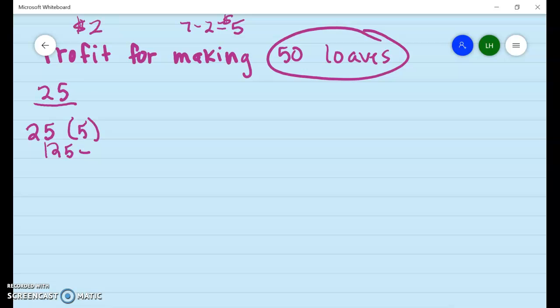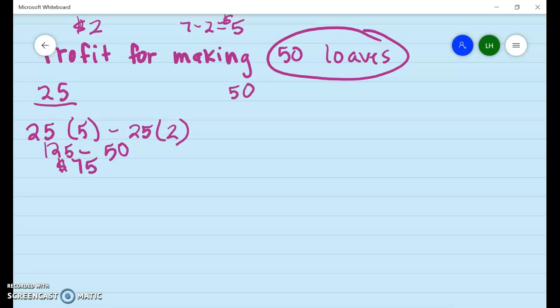So we're losing $50 because we didn't sell those. So our profit for making 50 and only selling 25, we would make $75.